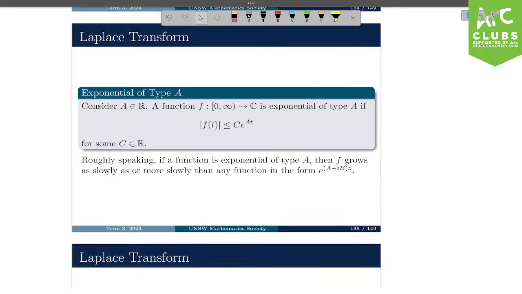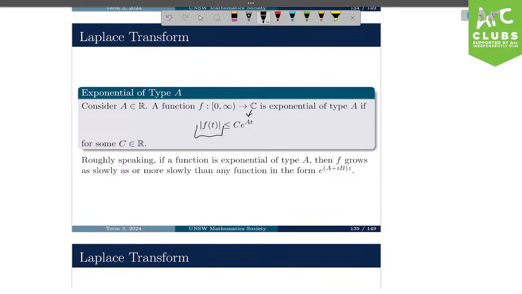Now, before we dive straight into Laplace transforms, let's define a new kind of notation, a new definition, okay? Exponential of type A. What does this mean? It simply means that the absolute value of a function can be bounded by a scalar multiple of an exponential function with a coefficient of A, okay?